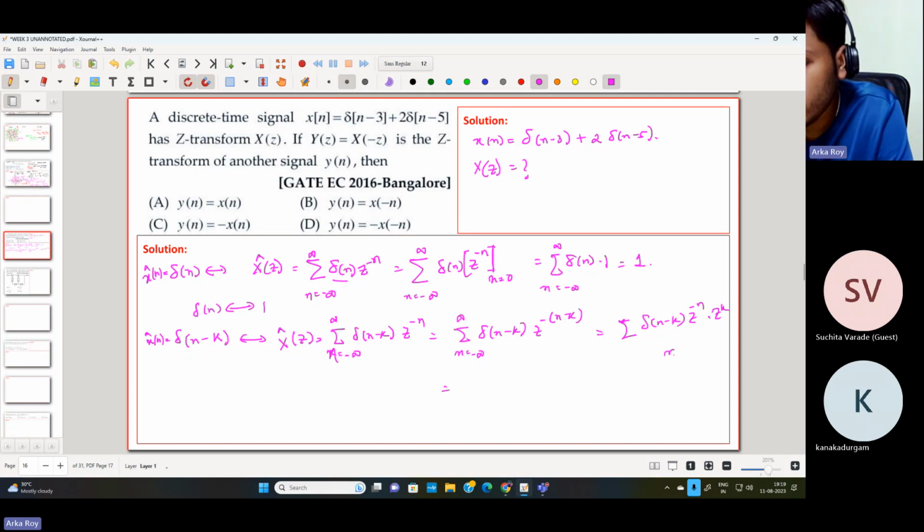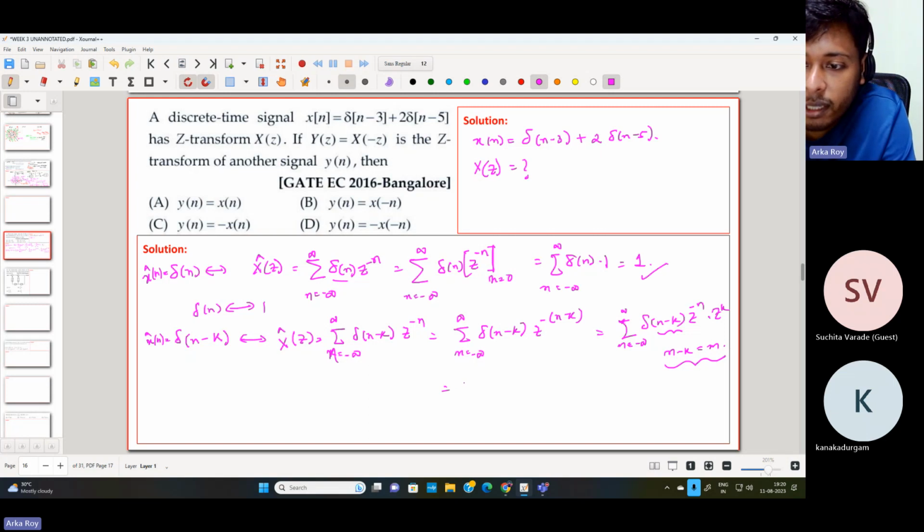If I write n minus k equals m and change the variable, then n becomes m plus k, and delta[m] evaluated at that location, summed, gives 1, and z to the power minus k comes out of the system.